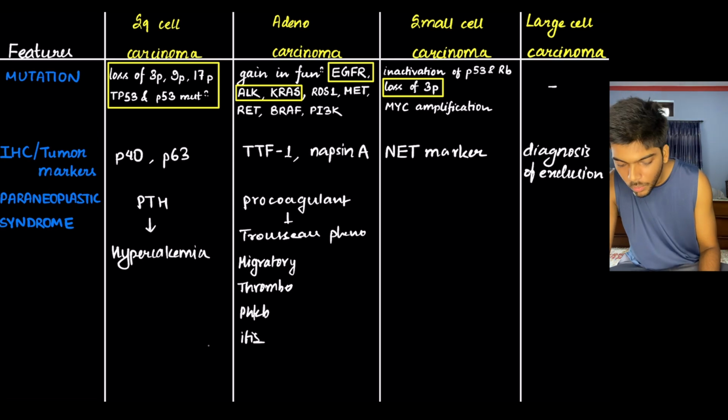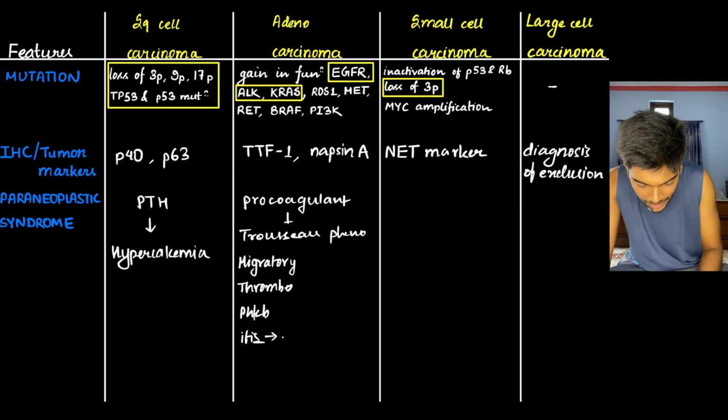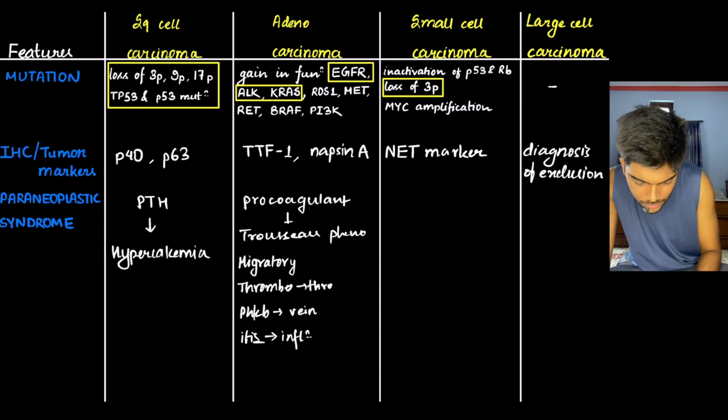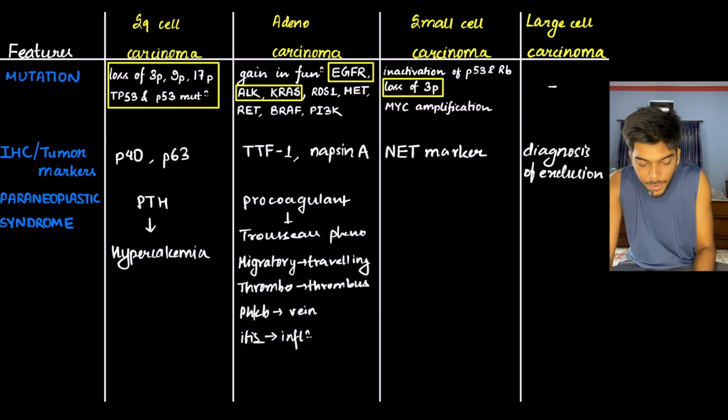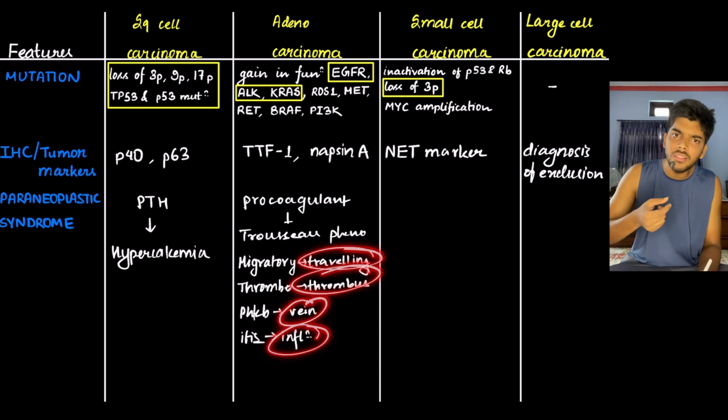The reason I have broken the whole terminology is to explain that itis means inflammation. Phleb comes from phlebo, meaning vein. Thrombo refers to thrombus. And migratory refers to traveling. So in migratory thrombophlebitis, there is inflammation of the vein along with the formation of a traveling thrombus within the vein.